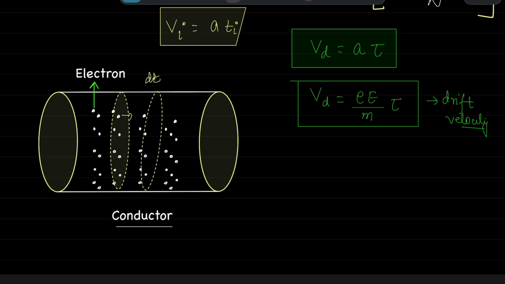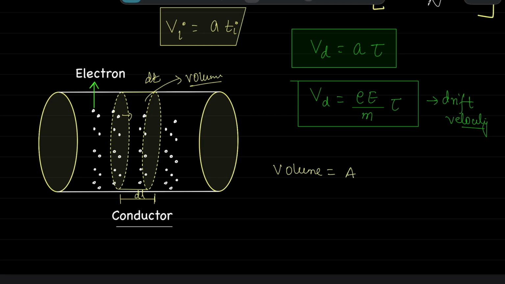Let's take the electron displaces position in the time dt. Let's take this as our dl, the displacement. So you see this figure is considered as a volume. Now volume is equal to area into length.